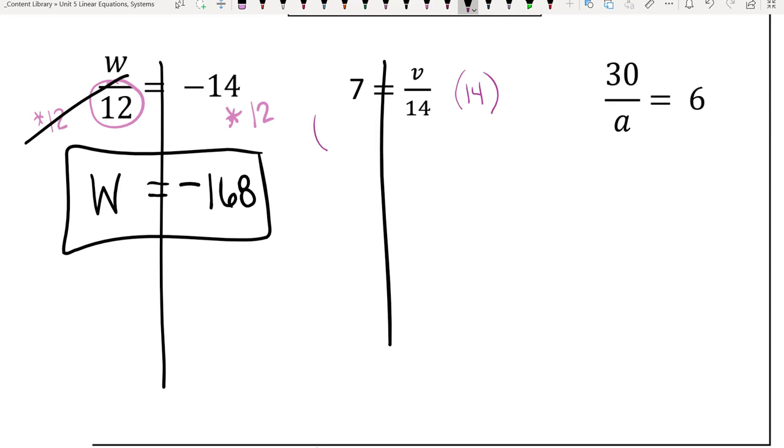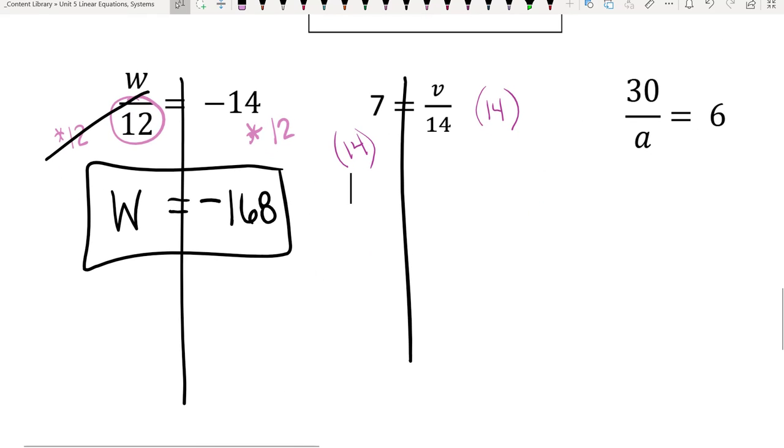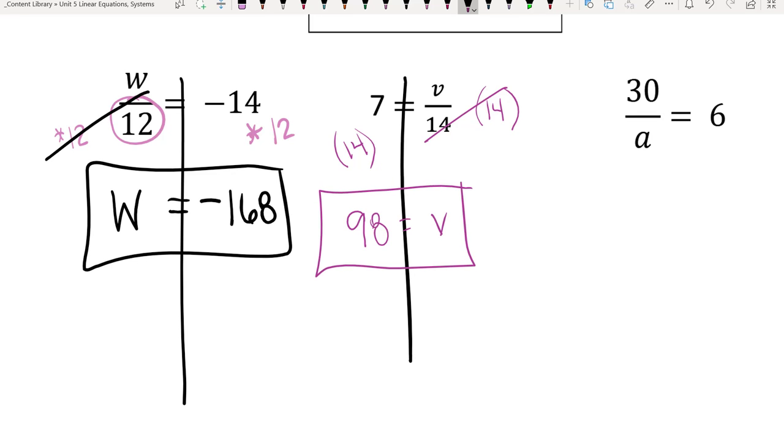You can also use parentheses to show that you're multiplying. 7 times 14 is 98. And v divided by 14 times 14, that makes a single 1. And I have the variable left. So 98 is equal to v.